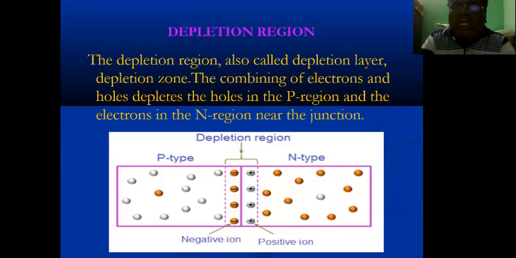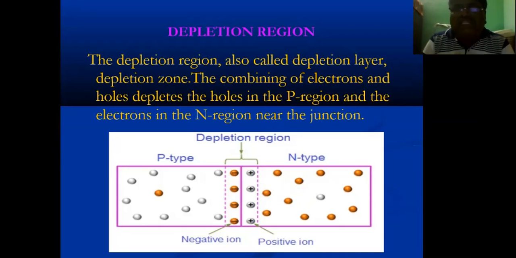In a depletion region, there is no charge, because all are minority. Please, my dear students, what is the depletion region and when it is formed, that is very, very important.